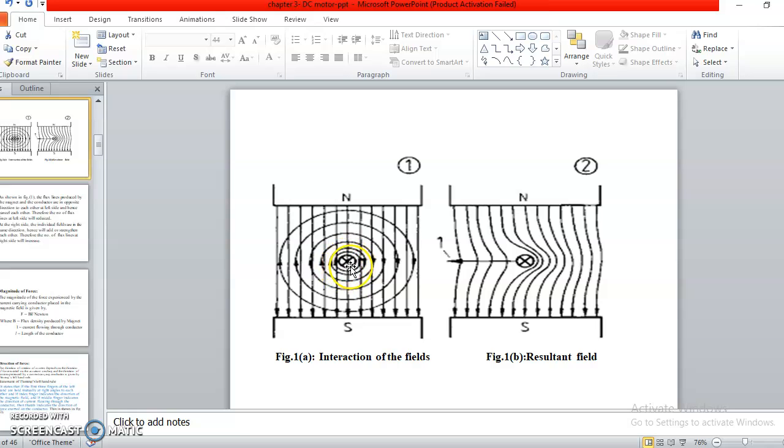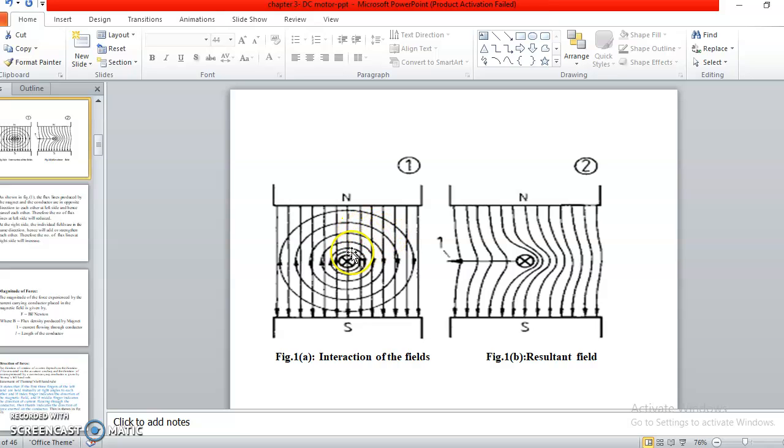When current is passing through the conductor, it will create its own magnetic field. Applying the right hand thumb rule, if current is going inside the plane, the curled fingers indicate a clockwise direction of magnetic field produced by that current.